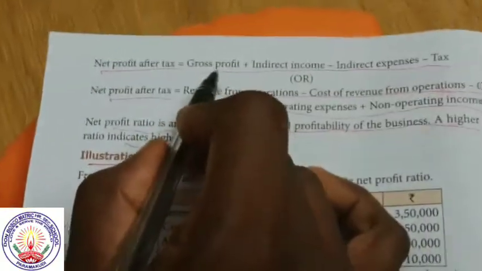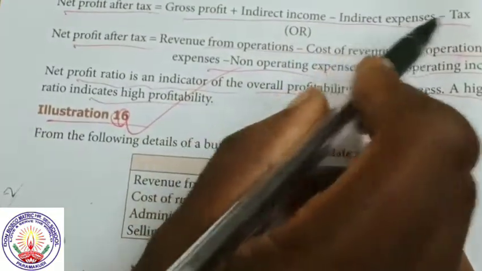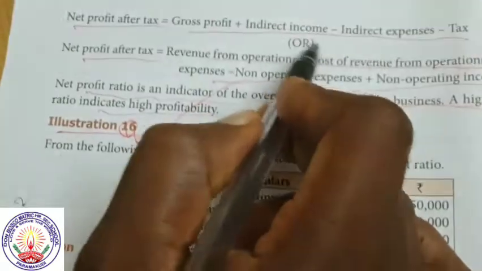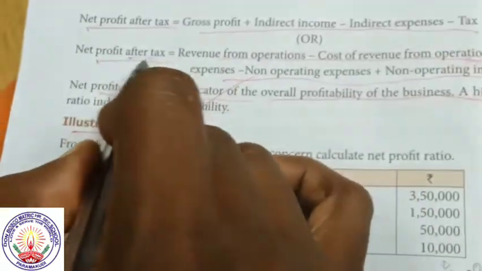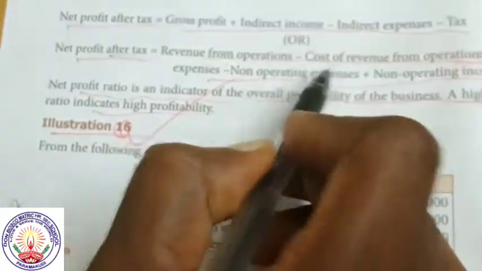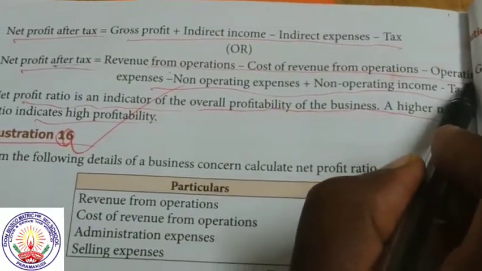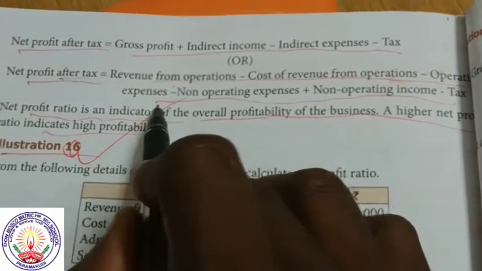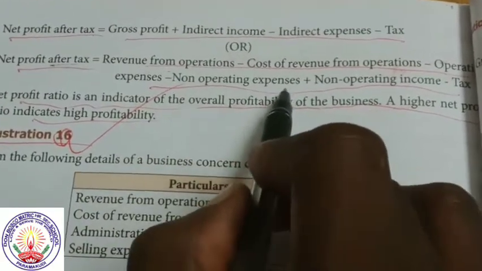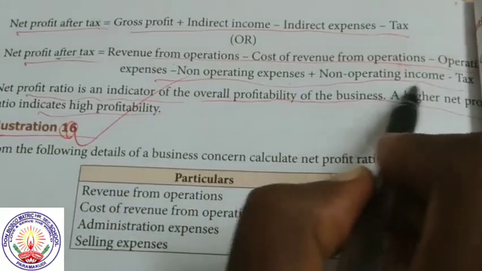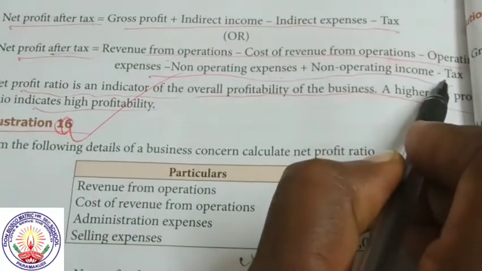Gross profit plus indirect income minus indirect expense minus tax, or net profit after tax equals revenue from operation minus cost of revenue from operation minus operating expense minus non-operating expense plus non-operating incomes minus tax.